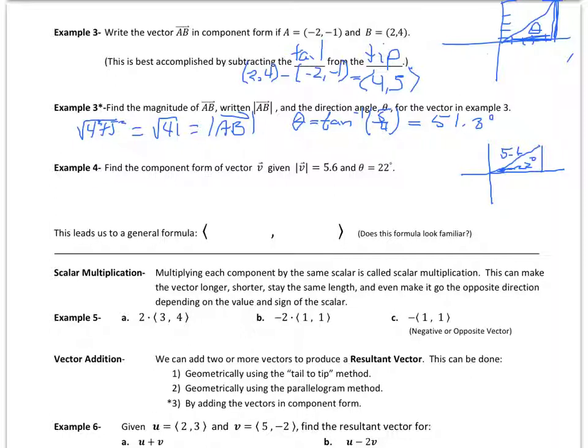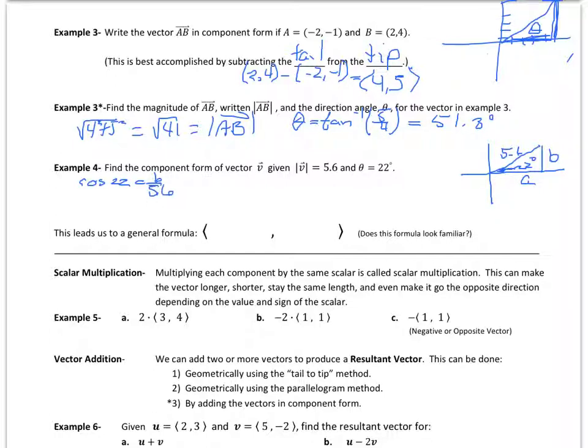To find the component form, we need A and we need B. So how would we find A and B? Using our trig knowledge. That's a right triangle, correct? So like the cosine of 22 equals B over 5.6.